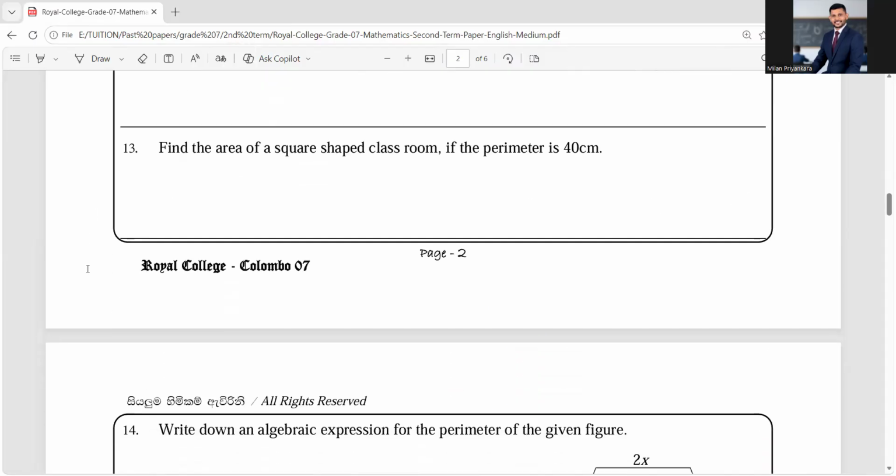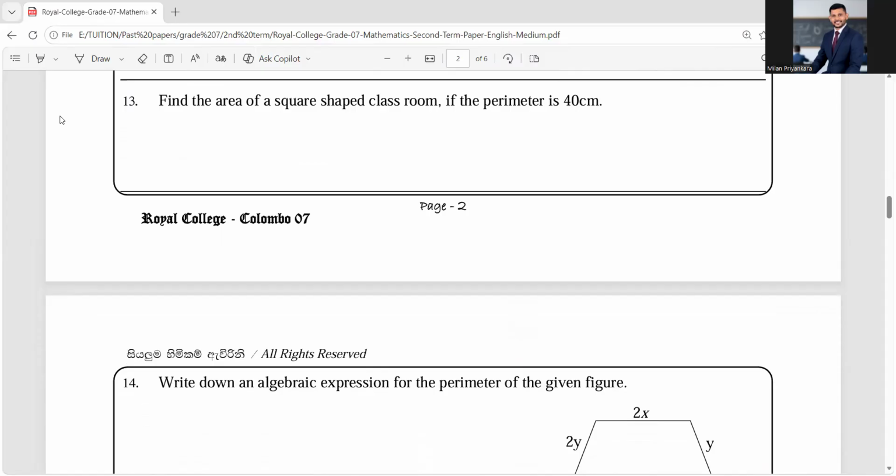For the 13th question, find the area of a square-shaped classroom if the perimeter is 40 centimeters. It's a square. The perimeter is 40 centimeters.